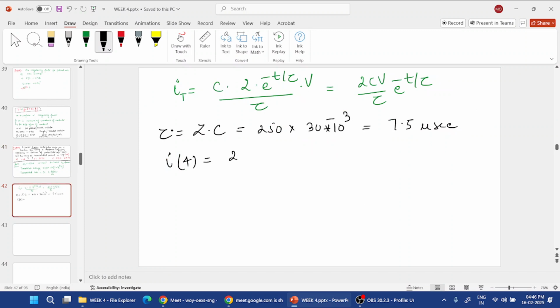So at 4 microseconds it will be 2 into C. Tau, how much we calculated? 7.5.